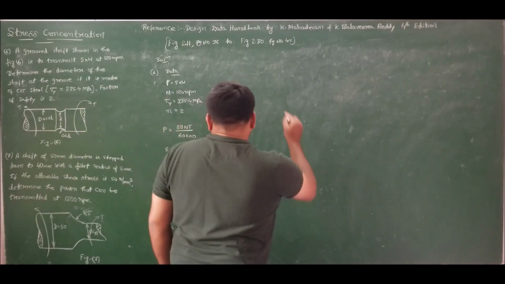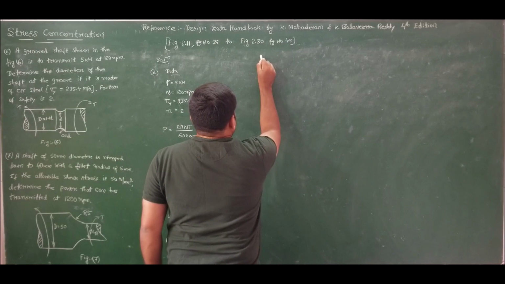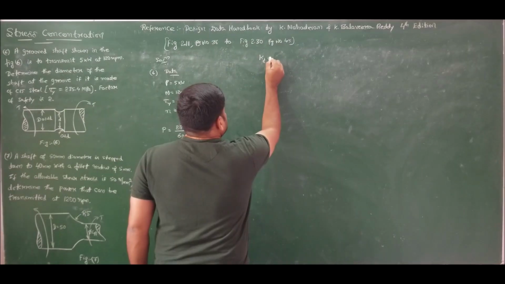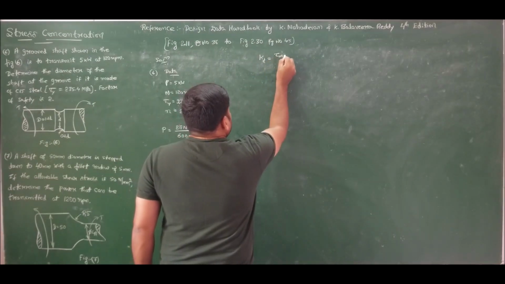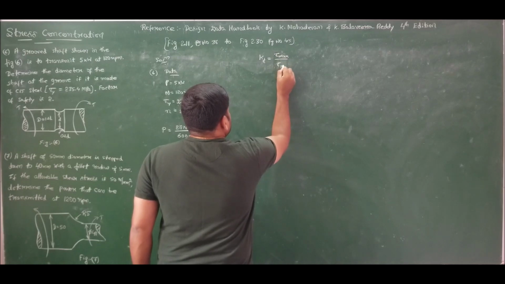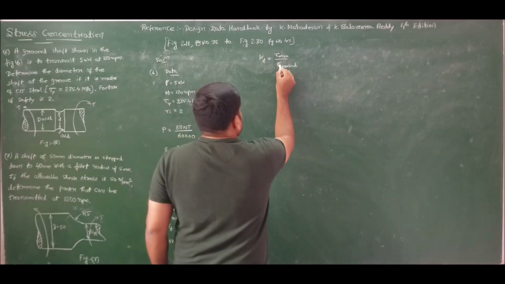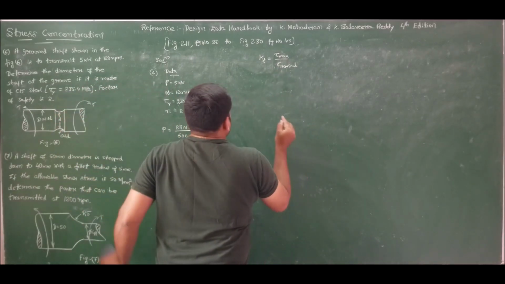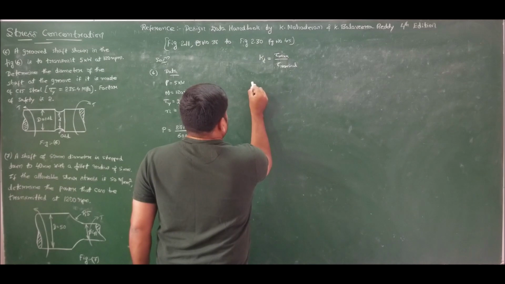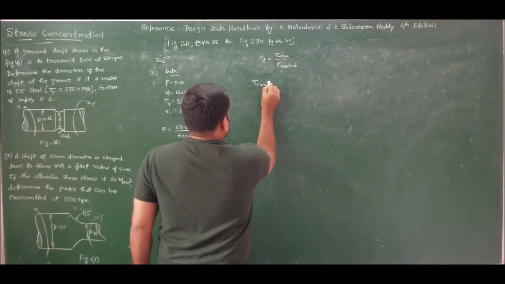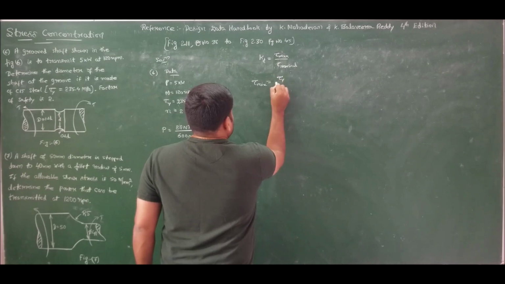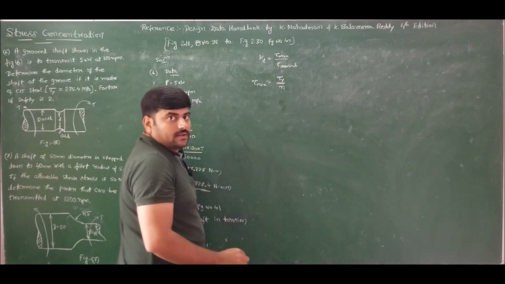Now the stress concentration factor Kt is equal to tau max by tau nominal, because it is torsional shear stress. He has specified the value of normal yield strength. We know that tau max is equal to tau yield by factor of safety.